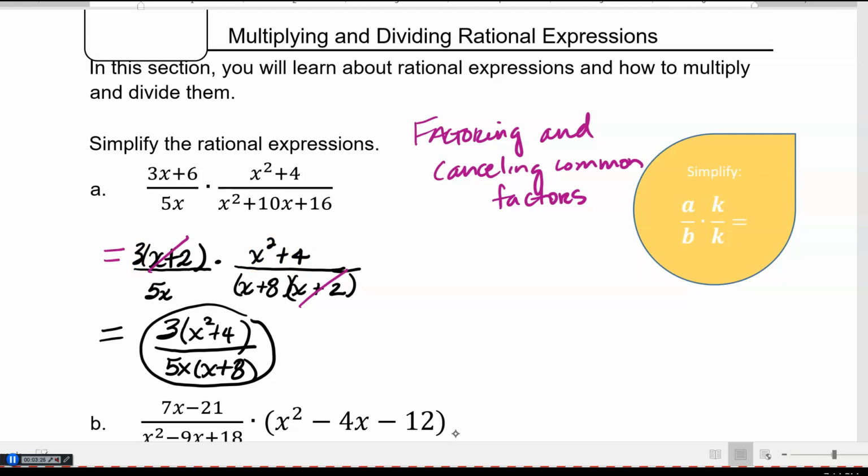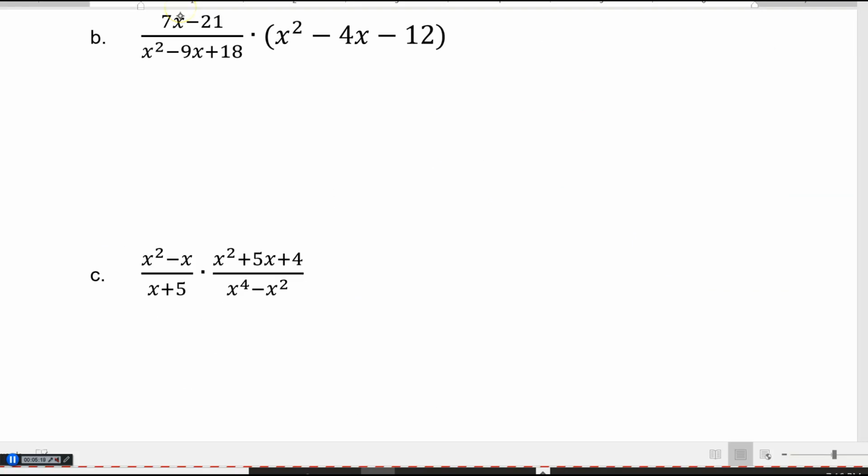Let's move on to the next problem, B. So in B, we have 7x minus 21 divided by x squared minus 9x plus 18, times x squared minus 4x minus 12. Factor everything that you think you can factor, and then write it down before I reveal the answer.